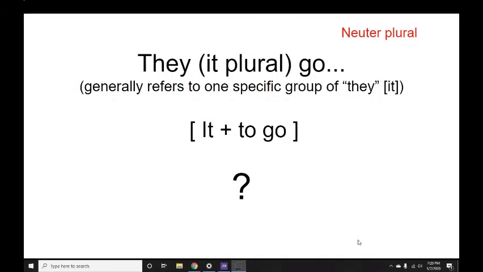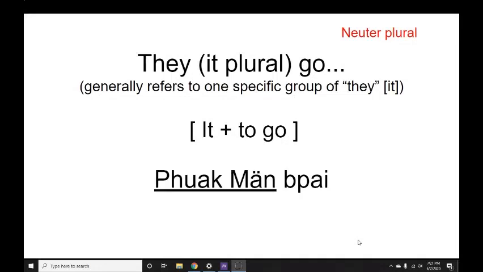How about they as in many its? Many its go. They, many its. Those bottles of medicine, they are on the table. Okay, they go. Now we're using the word go with it, the verb go, so they go. Puak man bai. Puak man bai.